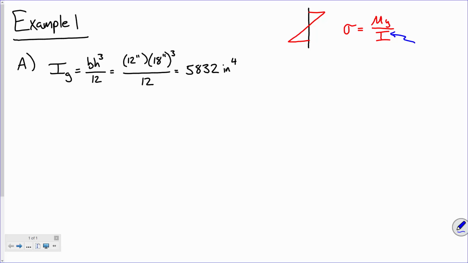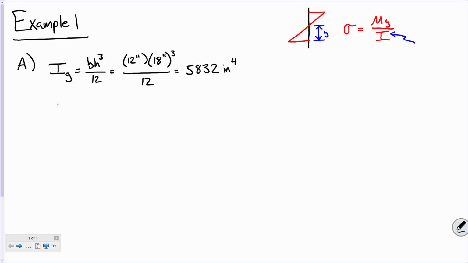Now what I want to do is look at y. We go off our bending stress profile. y is the distance from the centroid to that extreme fiber. So somebody tell me, what is y going to be for this beam? 9, right? Okay, so how did you do that?